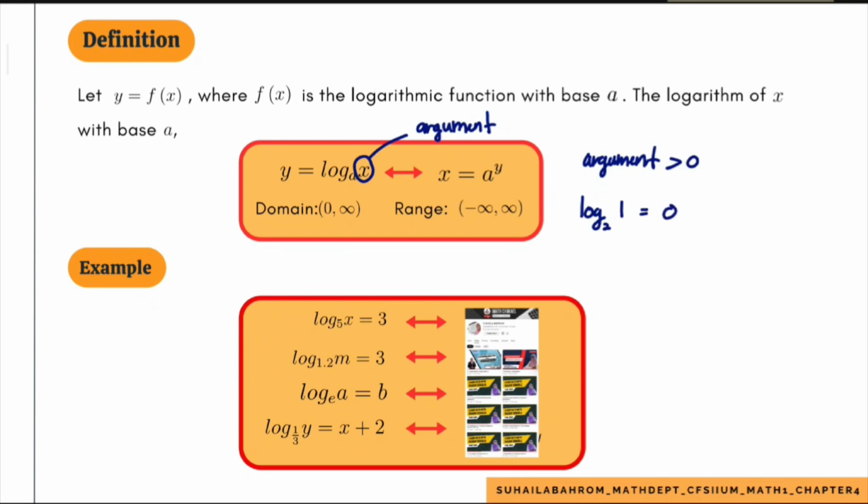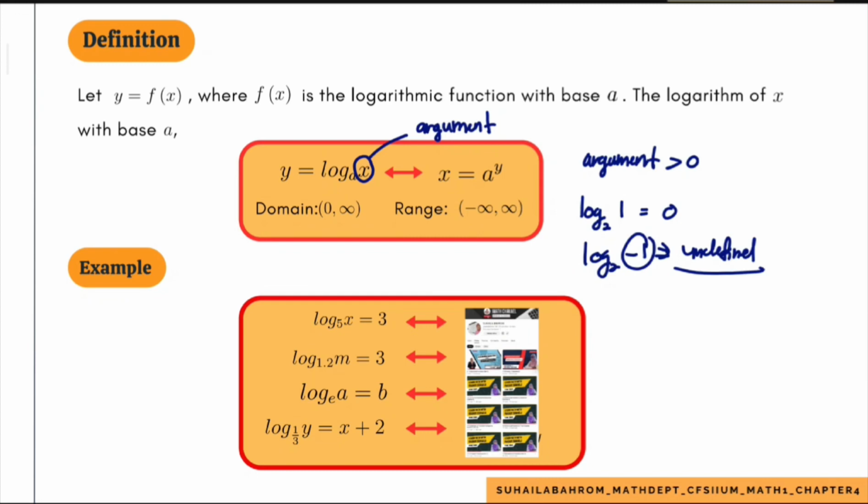So it is still defined when the argument is 1. But if you have log with the base 2 of any negative value, let's say negative 1, and you check using your calculator, it will be a math error, meaning that the function will be undefined when your argument is a negative number.